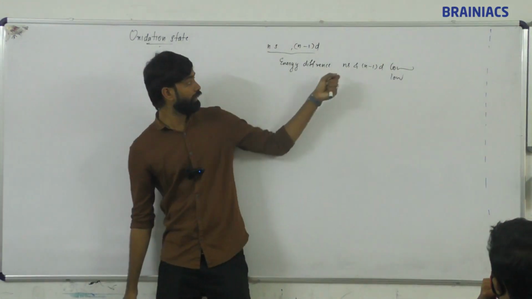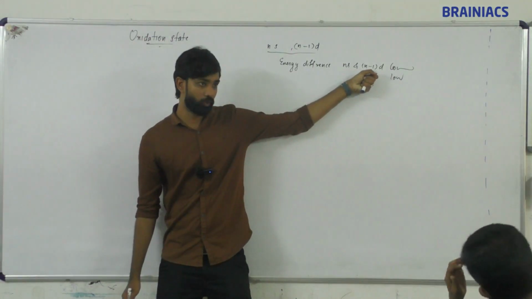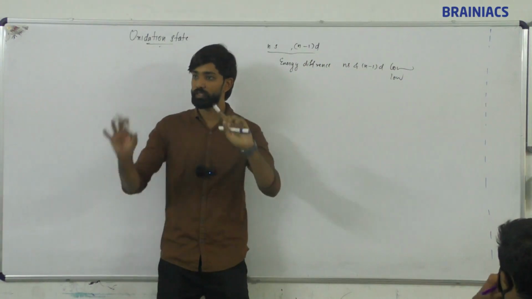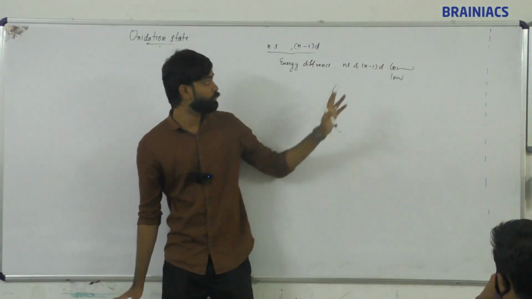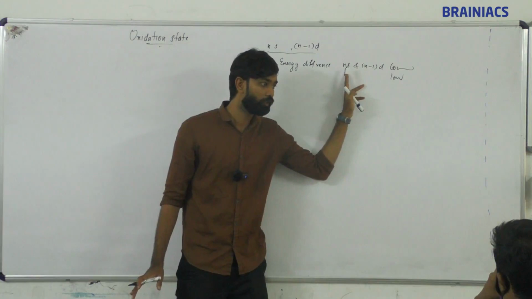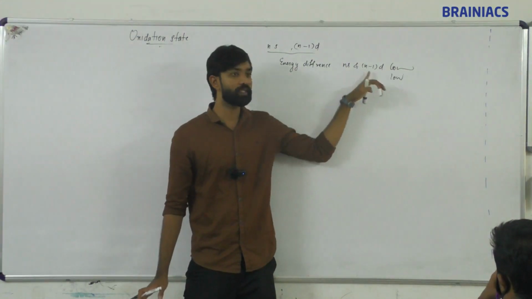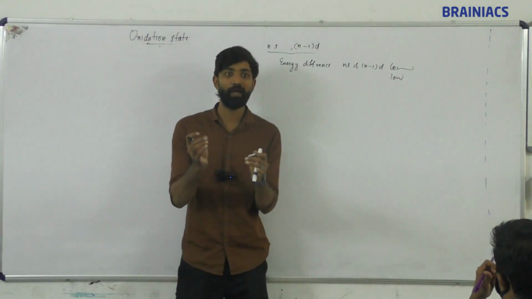So even if it is the inner one, it can also act as a valence electron. Normally the valence electron is from the outer shell, which means Ns. But the energy difference between Ns and N-1d is comparatively low.